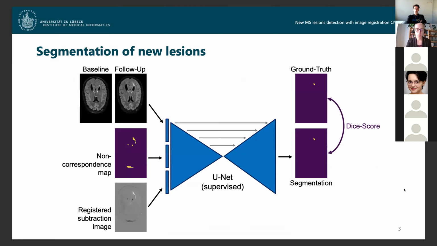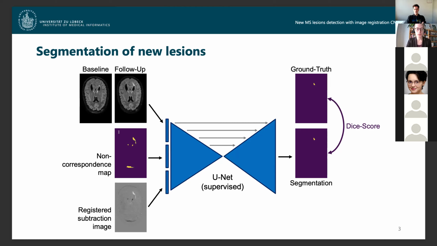This time it's more or less a classical UNet, but with 3 different input blocks. These blocks get the baseline and follow-up MRIs as input again. Also, again, we use the subtraction image, but this time we use the registered subtraction image. And an additional input is the non-correspondence map.